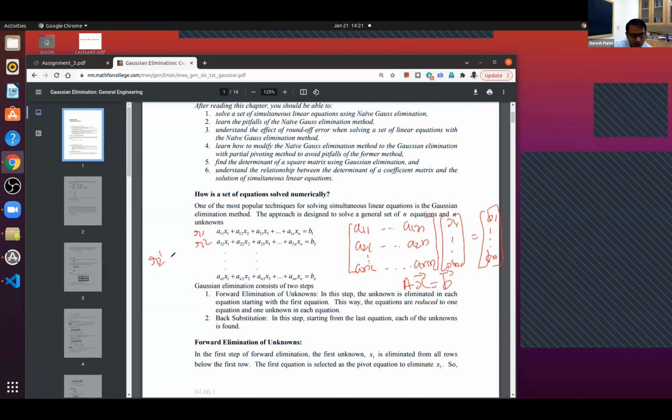If the new row R2 prime is equal to R2 plus R1, then the new system has the same solution space as the previous system. Or if you do R2 prime equals minus R1 plus R2, the new system will also have the same solution as the previous system.